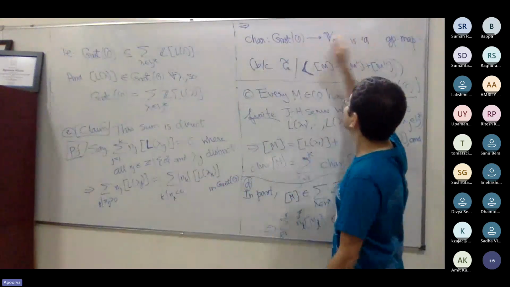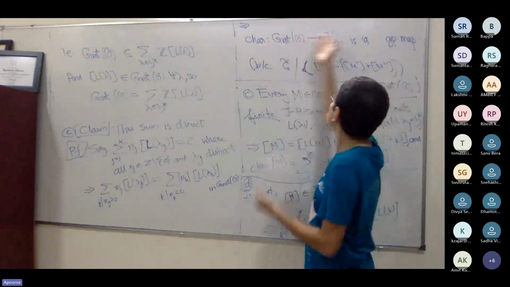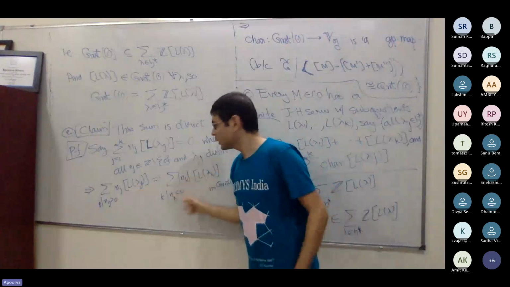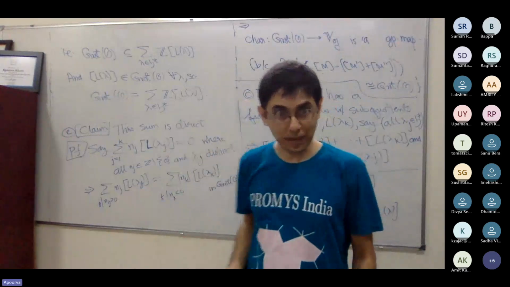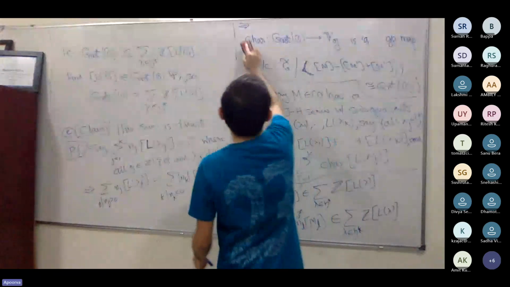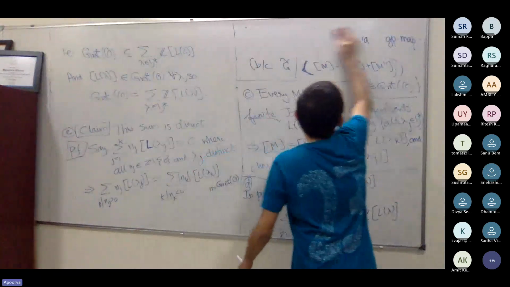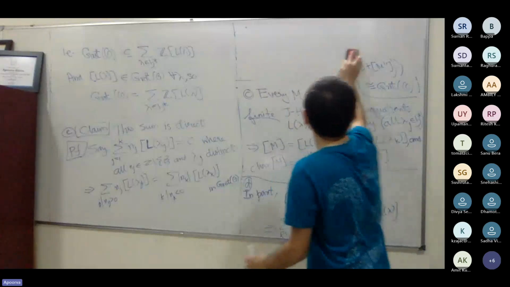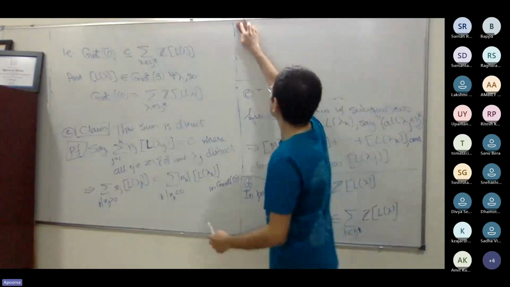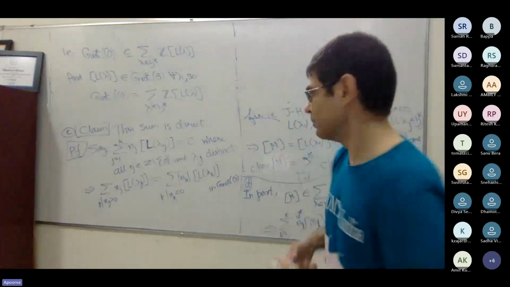We already know that the character is a group map. So since the character is a group map, if these two elements are equal in the group, I can take the characters, and I get that these two elements have the same characters. So good. I was myself stuck, but this was perfectly there. It was meant to be there. Apply the character map.